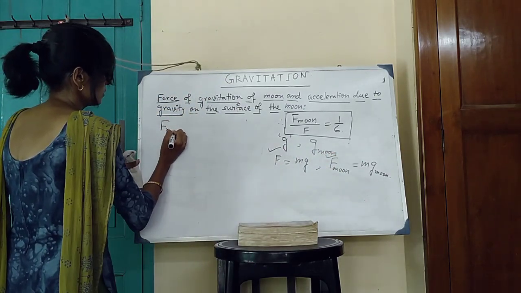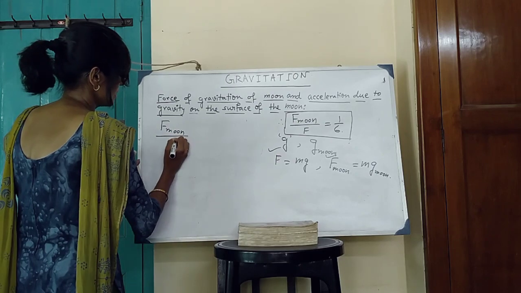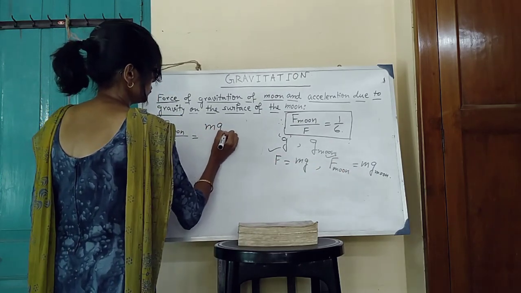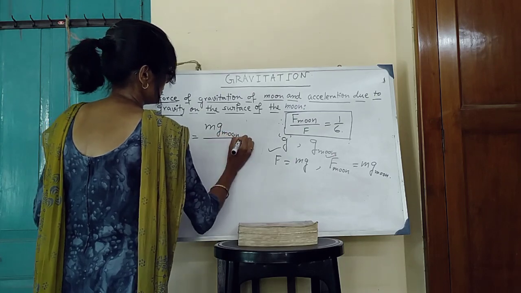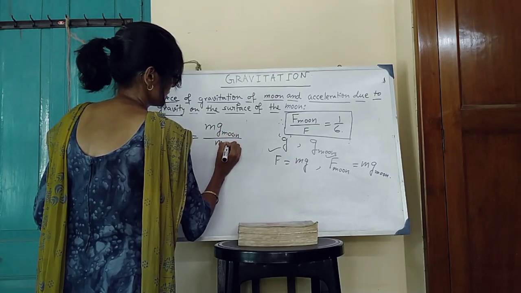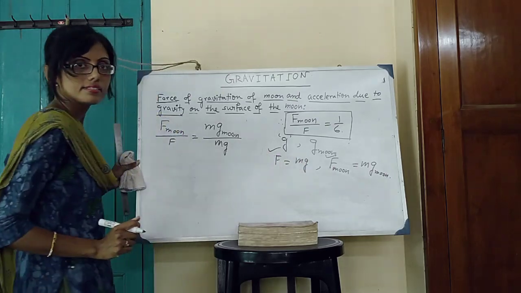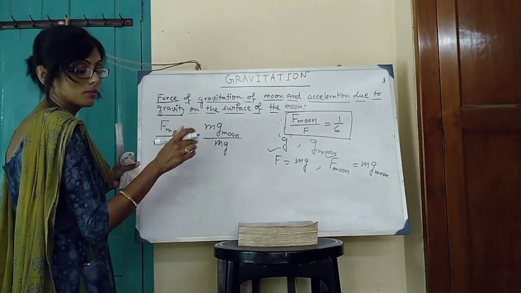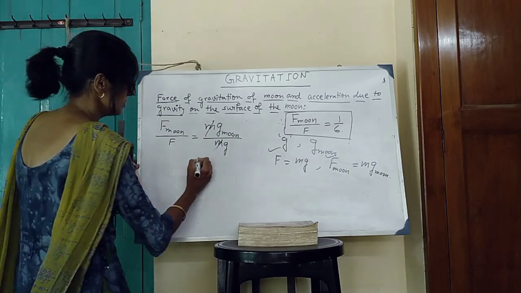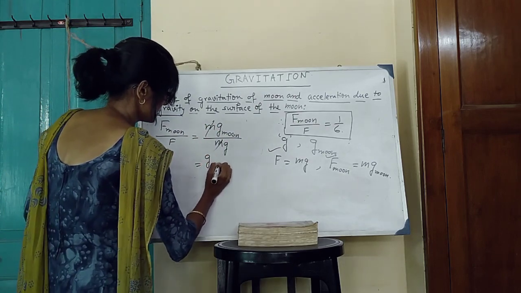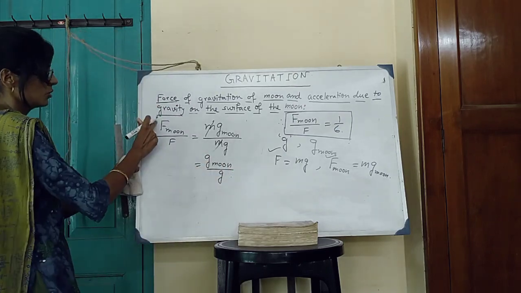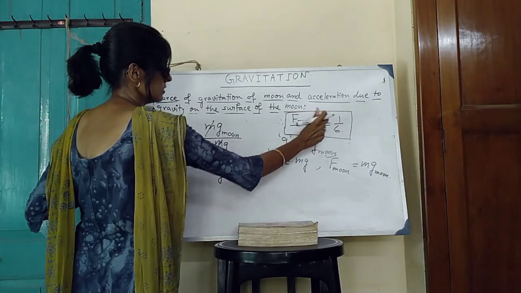F moon divided by F is equal to m g moon divided by mg. Mass is same because the same body is taken to the moon. m cancels out, means g moon by g. But we got F moon by F is equal to 1 by 6.